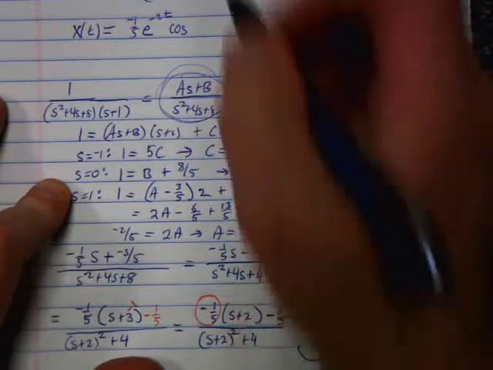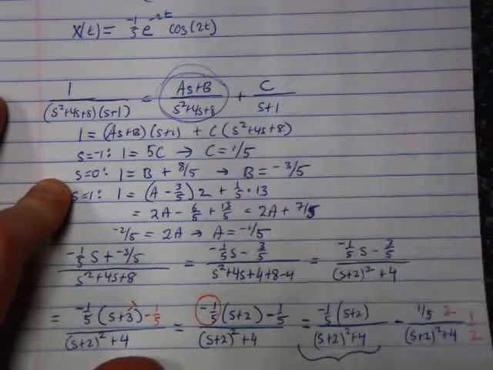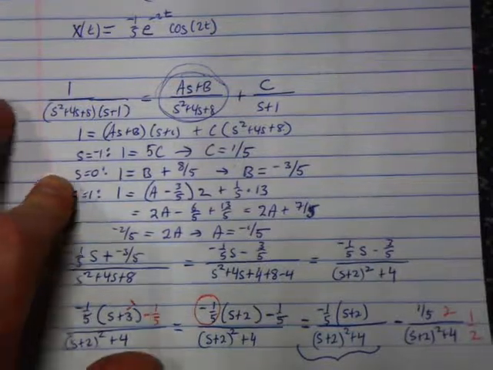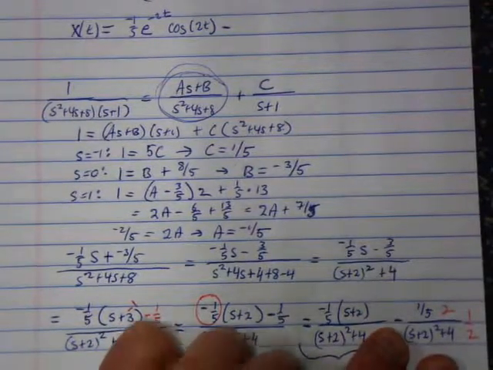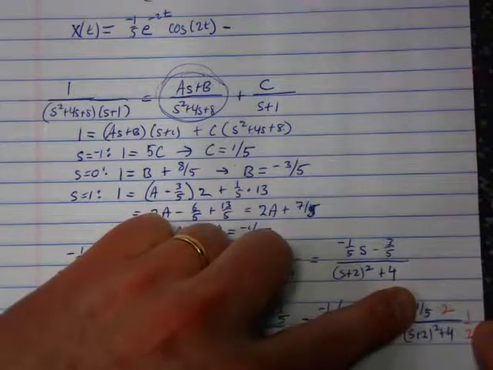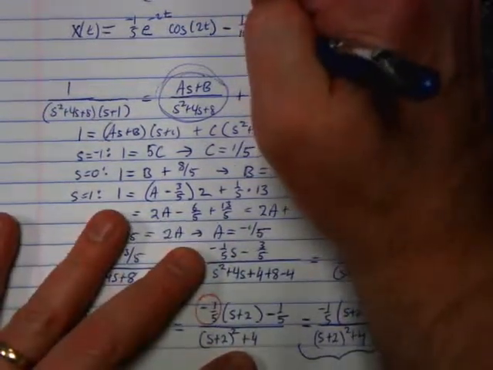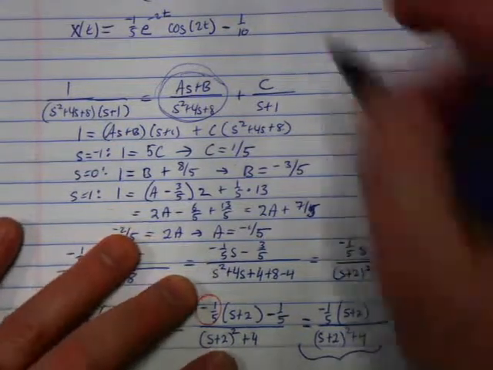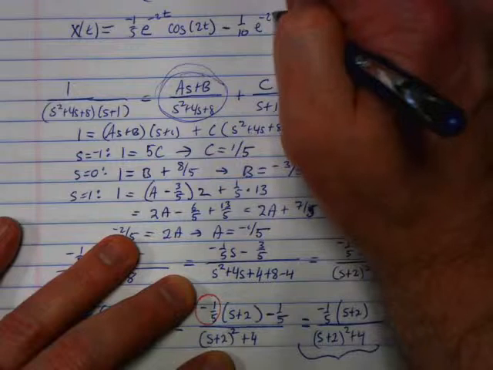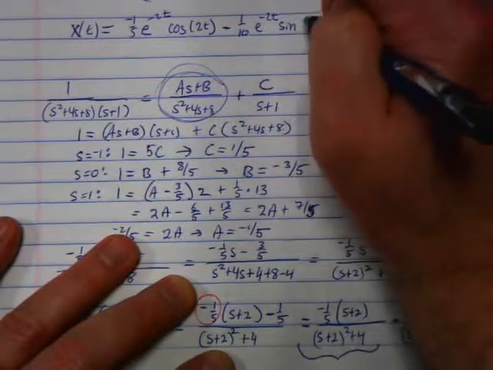That's 2 squared. 2t. Minus the inverse Laplace transform of this part. I'm going to put the 1/5 and the 1/2 together. That's a 1/10. And then I have 2 over s plus 2 squared plus 4. That's e to the negative 2t sine 2t.